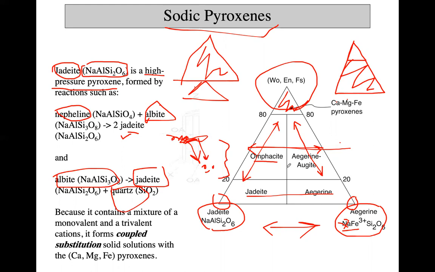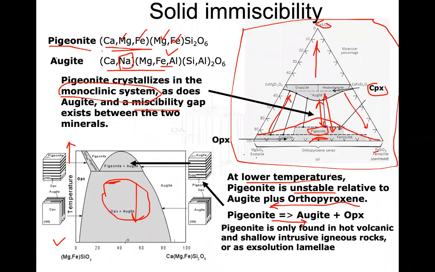In different reactions, you can find these ones. Now, these are the sodic pyroxenes that you can find in rocks. Okay, understand? As I mentioned, not only in sodic pyroxenes but in calcic pyroxenes also. Calcic pyroxenes means the pyroxenes that we have been talking about in previous cases, clinopyroxenes.